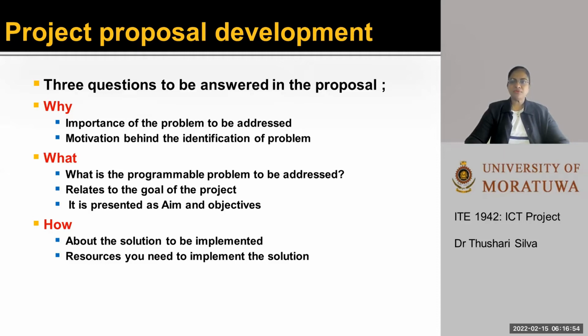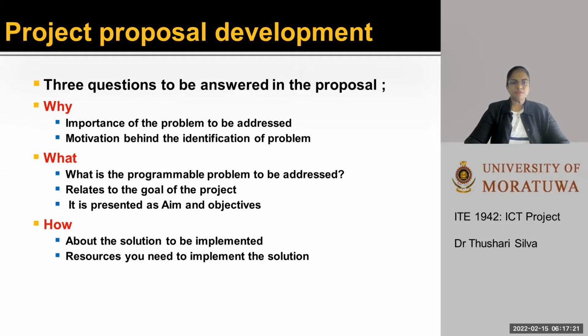Why is it so important? Why do I have to develop a computer-based solution? What features lead me to identify this as an important issue to be solved? All these factors will cover the background and motivation of your project. You have to be motivated.